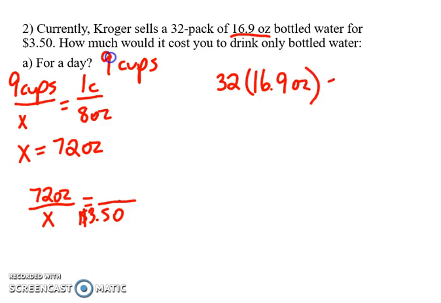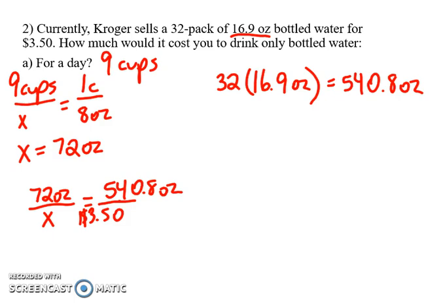So I've got to multiply them together to find out that I have 540 and 8/10 ounces. So that's how much total water. So we're looking at the idea that I can get fractional amounts of water from these bottles, which we know is not necessarily going to be the case, but it is good to figure that out.